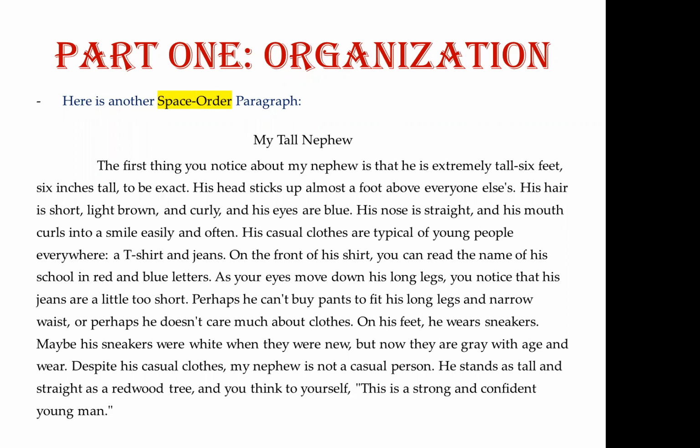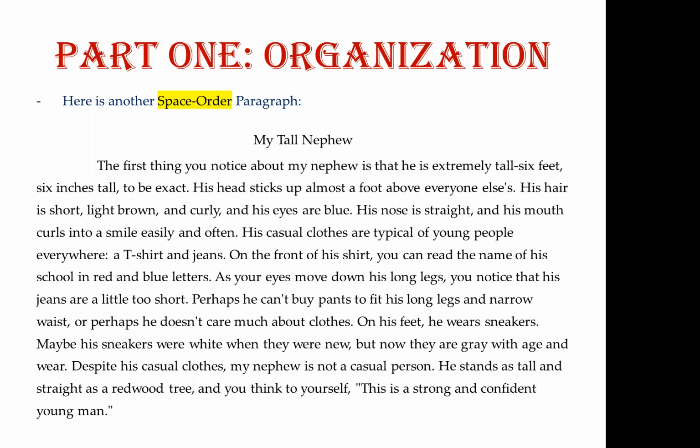His nose is straight and his mouth curls into a smile easily and often. His casual clothes are typical of young people everywhere, a t-shirt and jeans. On the front of his shirt, you can read the name of his school in red and blue letters.